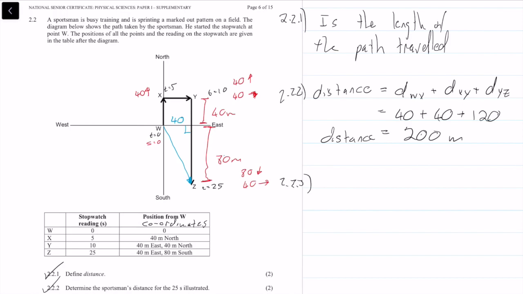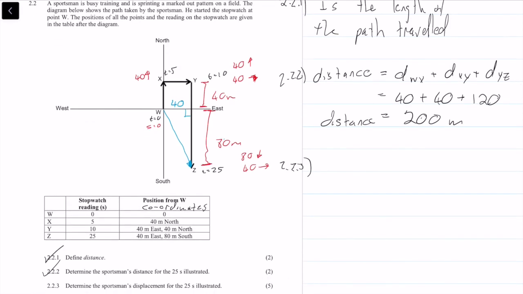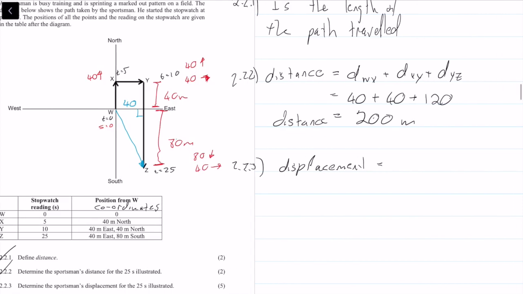The displacement is equal to the square root of 40 squared plus 80 squared, and this gives us a displacement of 89,44 meters. But also remember that displacement has a direction associated because it is a vector.